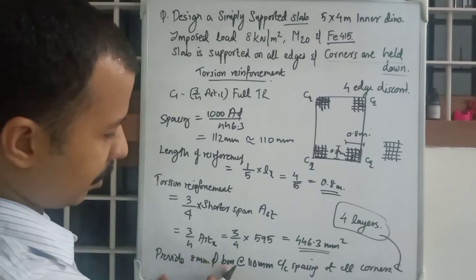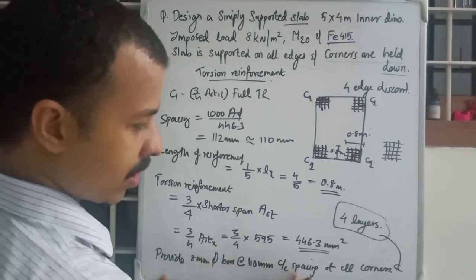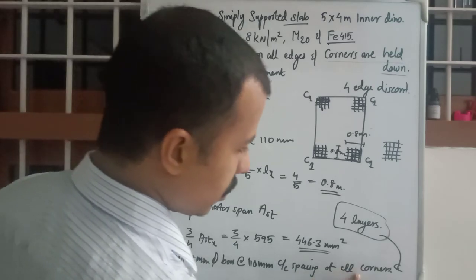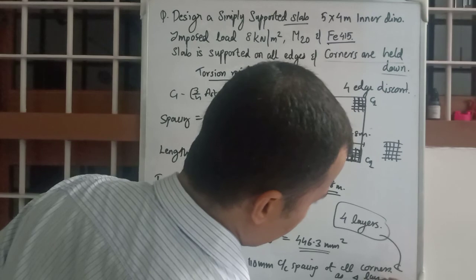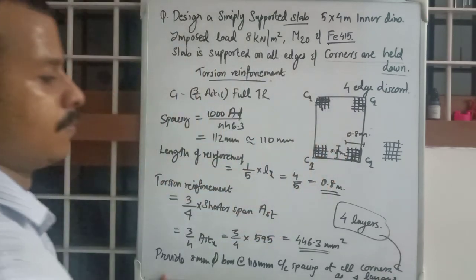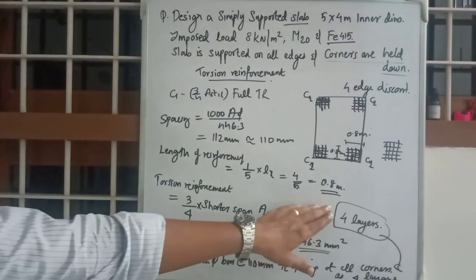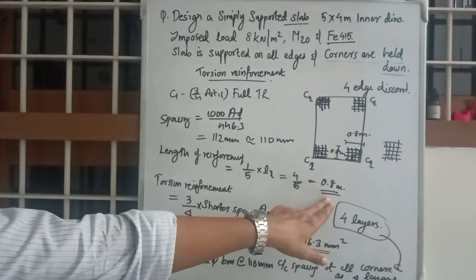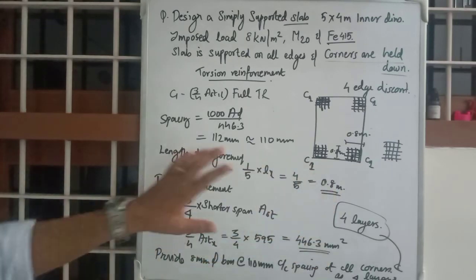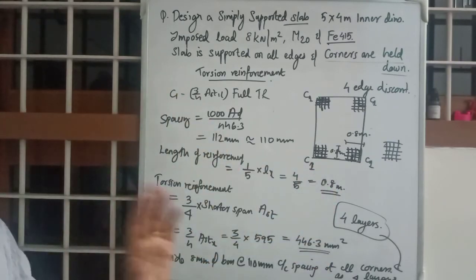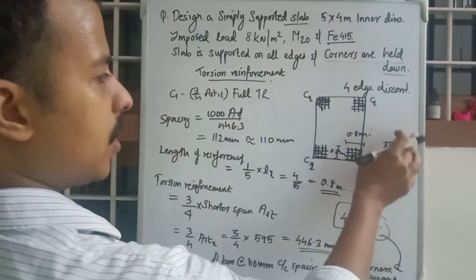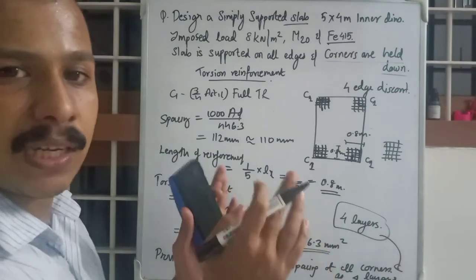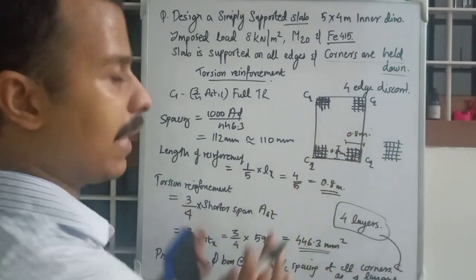Provide 8 mm diameter bars at 110 mm center to center spacing at all corners as 4 layers. And the length of reinforcement will be 0.8 meters. So that is torsion reinforcement. If you include this mesh information also in the previous diagram we have just drawn, the diagram is complete.